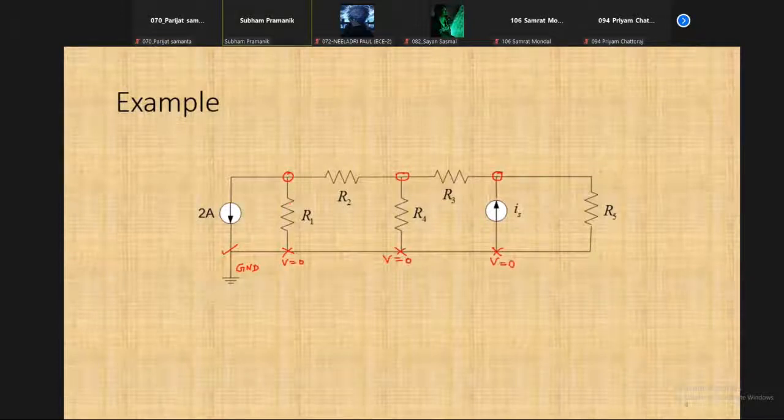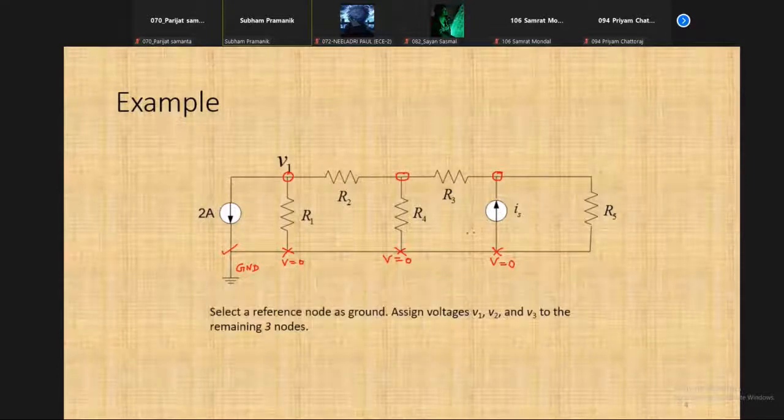If you name them as 1, 2, 3, then the corresponding voltages can be written as V1, V2, V3. Then you will see which currents are entering and which currents are leaving. If nothing is specified, for example, this 2 ampere current is shown to be leaving node 1. If nothing is specified, then we assume that the current is leaving in this way.